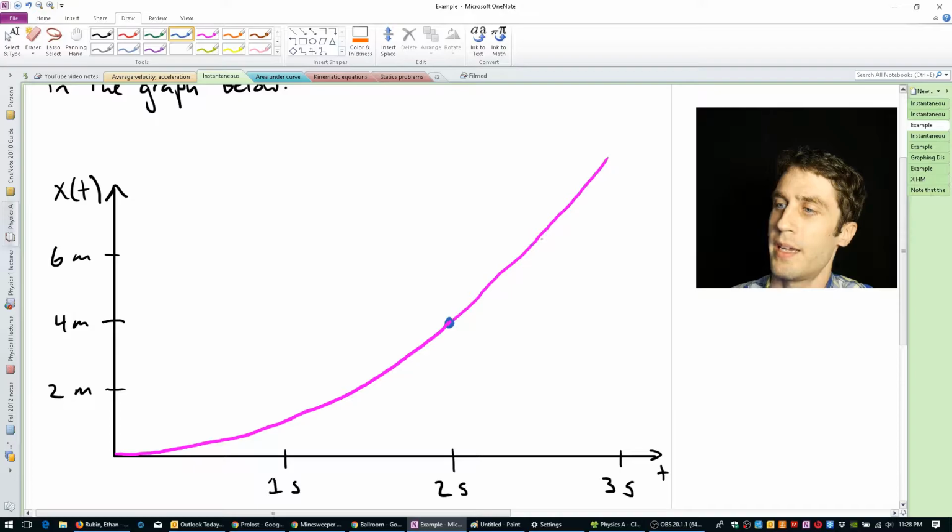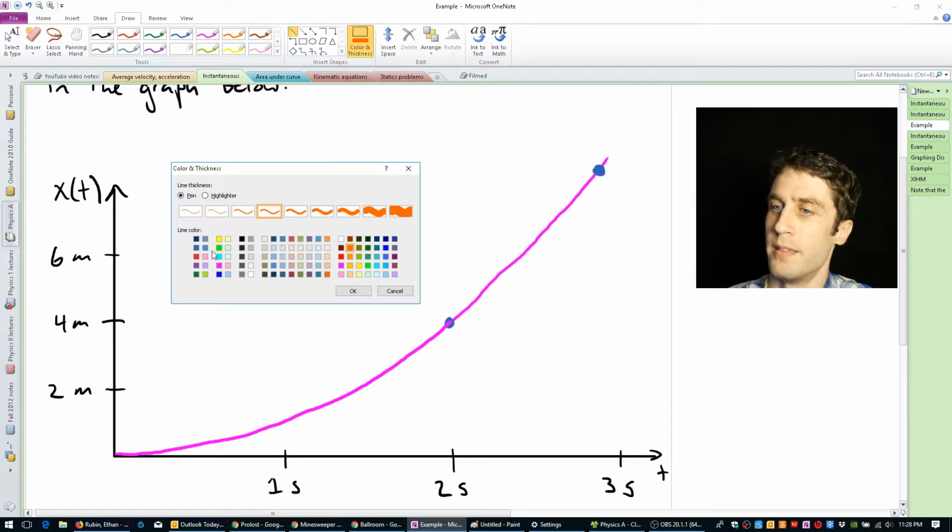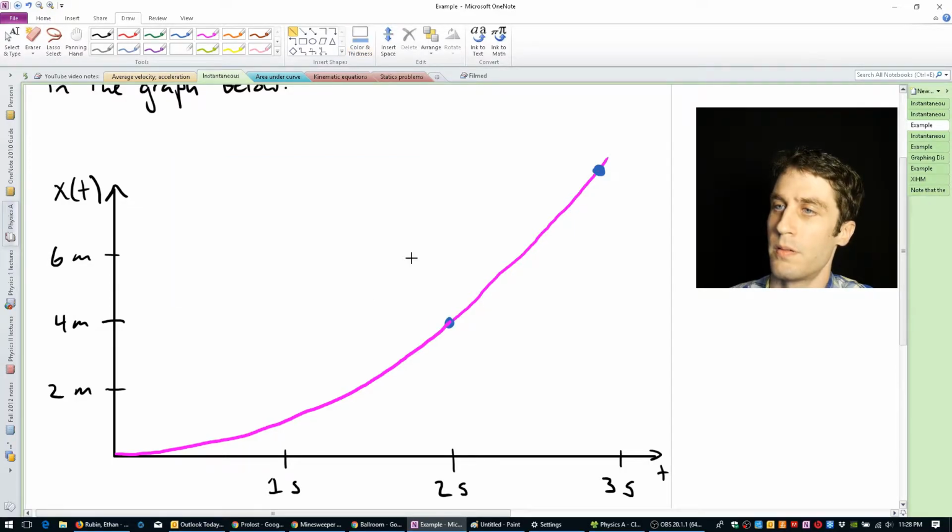So I could pick some later time, maybe like up here, close to 3 seconds. Let's do it in light blue. Okay. I could find not the instantaneous velocity, but the average velocity from 2 seconds to what looks like 2.8 seconds.